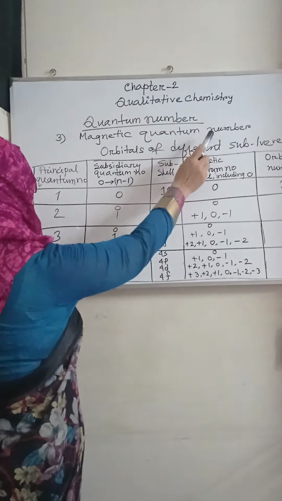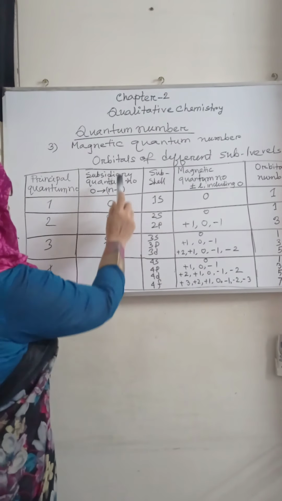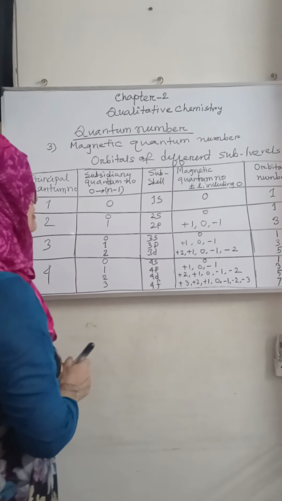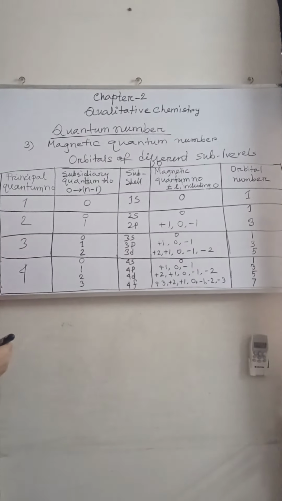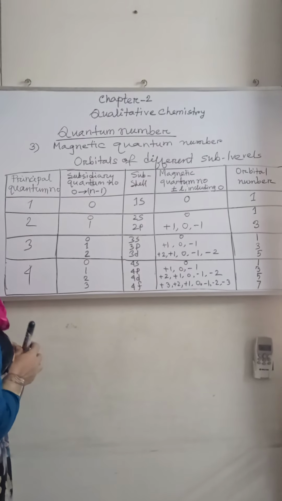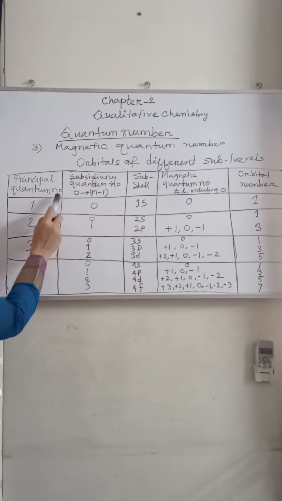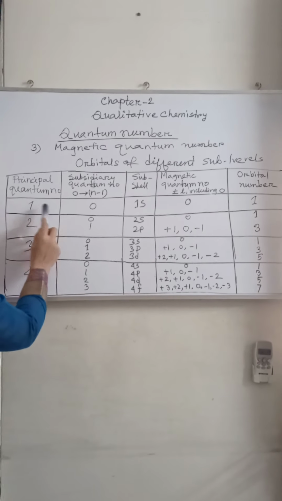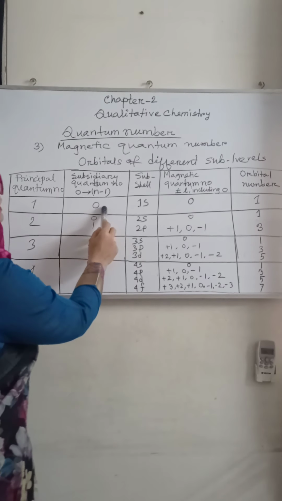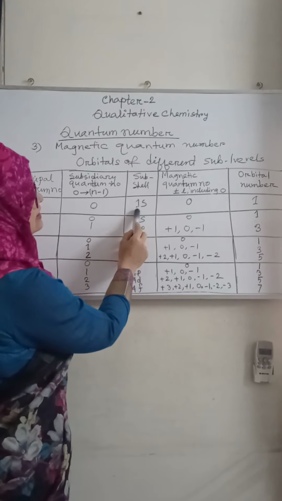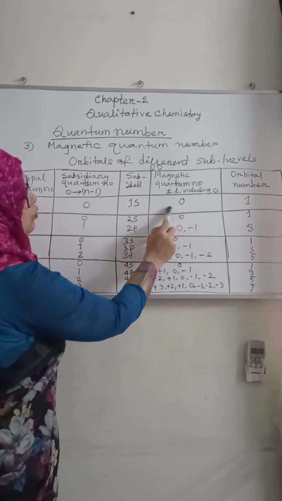Now, the magnetic quantum number is expressed by m, and look at the chart please. Orbitals of different sublevels. From the magnetic quantum number, we can identify the number of different orbitals. When the principal quantum number is 1, then the subsidiary quantum number L equals 0. Then the name of the sublevel is 1s, and the magnetic quantum number is 0, that is 1 value.